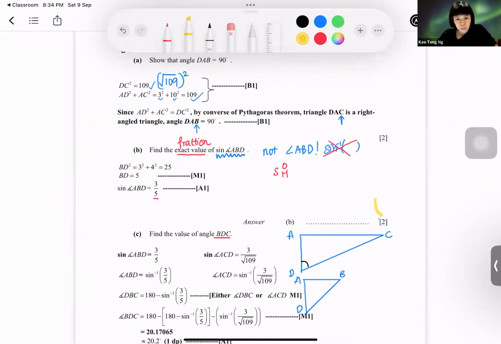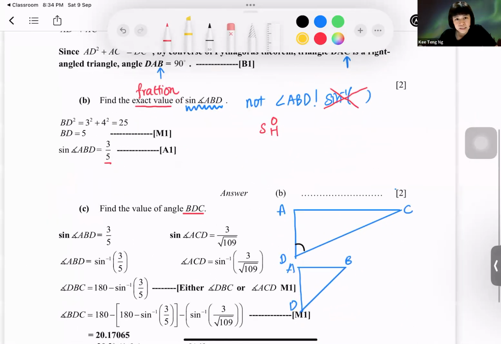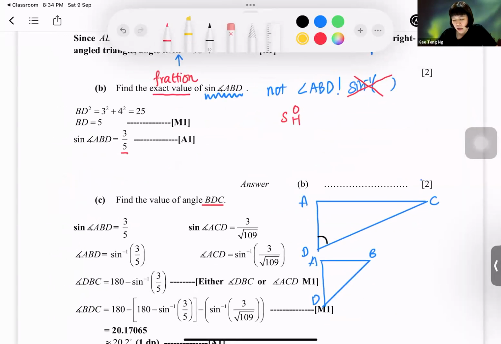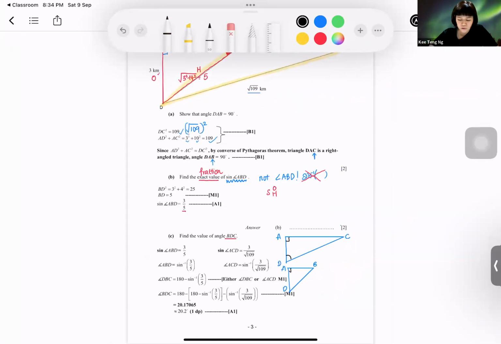I have the bigger triangle ADC, and I have the smaller right angle triangle DAB. So these two are right angle triangles. What can we find from these two?